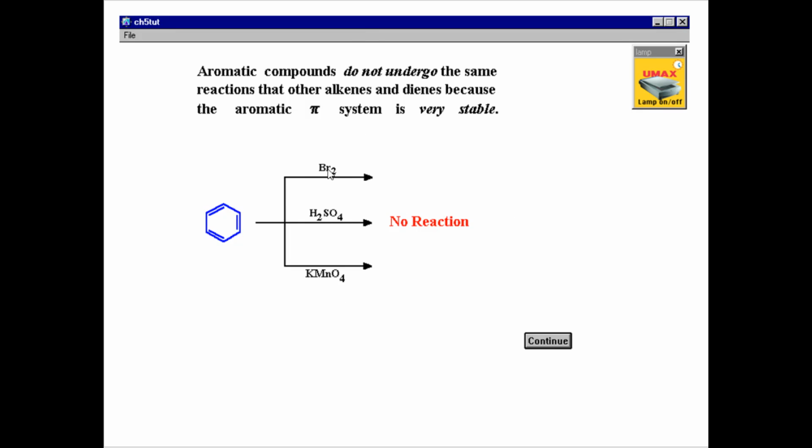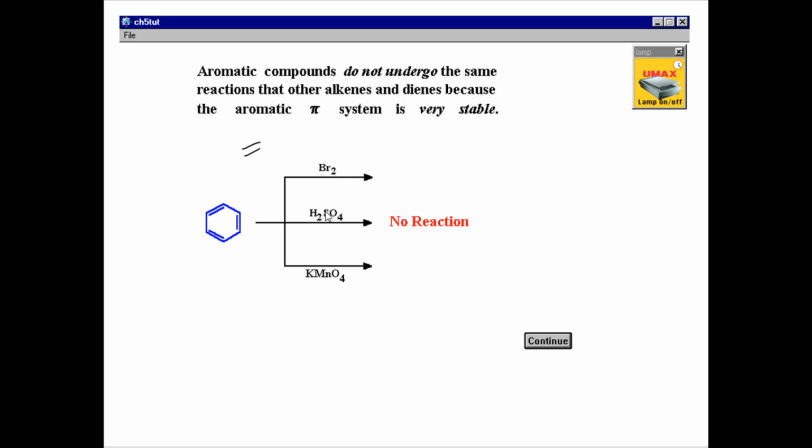So for instance, we know that if we took a double bond and reacted it with Br2, we would add 2 Brs across the double bond, 100% trans. Well, if you add Br2 to benzene, nothing happens. If you add KMnO4, which should at least add maybe 2 OHs or cleave the double bond, KMnO4 just sits there. It doesn't do anything to benzene.